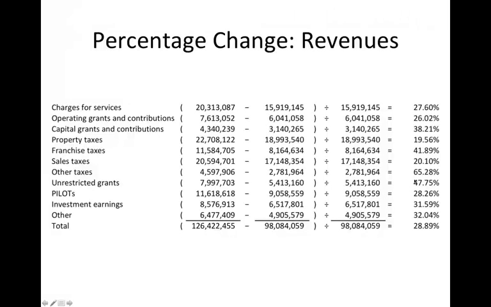Unrestricted grants have grown faster, which is a good thing. Again, it's $8 million or so, not one of the biggest revenue items for this government, but this is revenue they can use for any purpose they want, and so to see that growing faster and becoming a larger percentage of their revenue sources is a good thing.